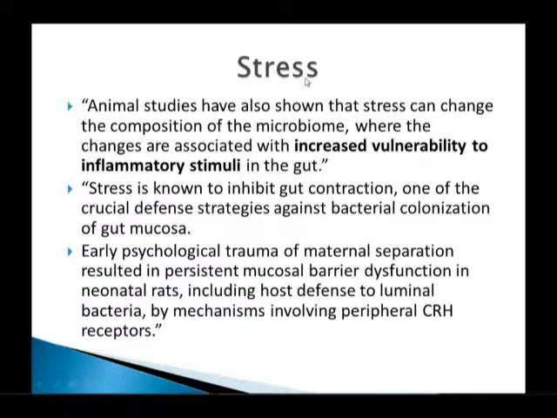And what they found, in animal studies, is that stress even changed the composition of the microbiome of the gut, increasing vulnerability to inflammation in the gut.